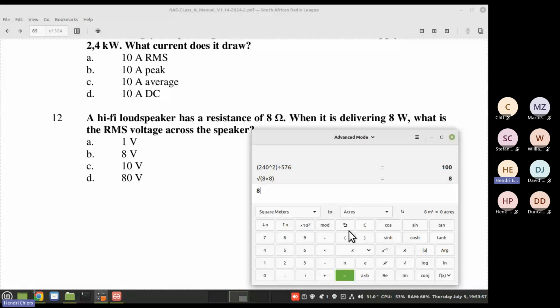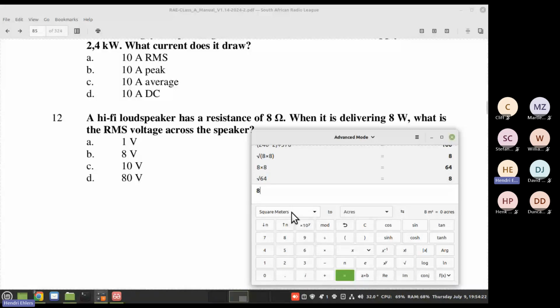Now, there's a long way that you can do this. Let's do it the long way. So we say 8 times 8, 64, and we square root that. Then we get to 8.